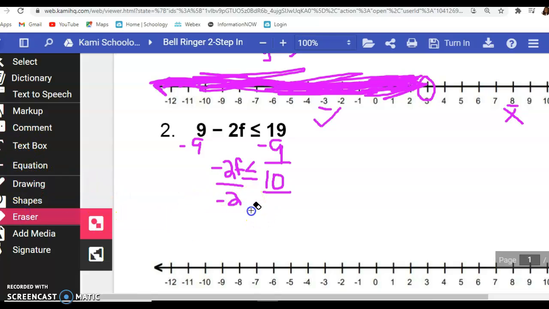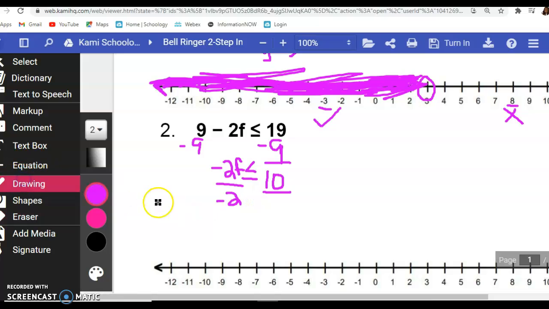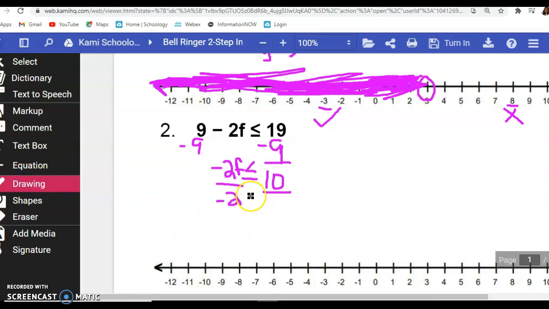And when we divide by a negative, we have to flip the sign, remember? So we divide by -2, and we're left with f is greater than or equal to 5.